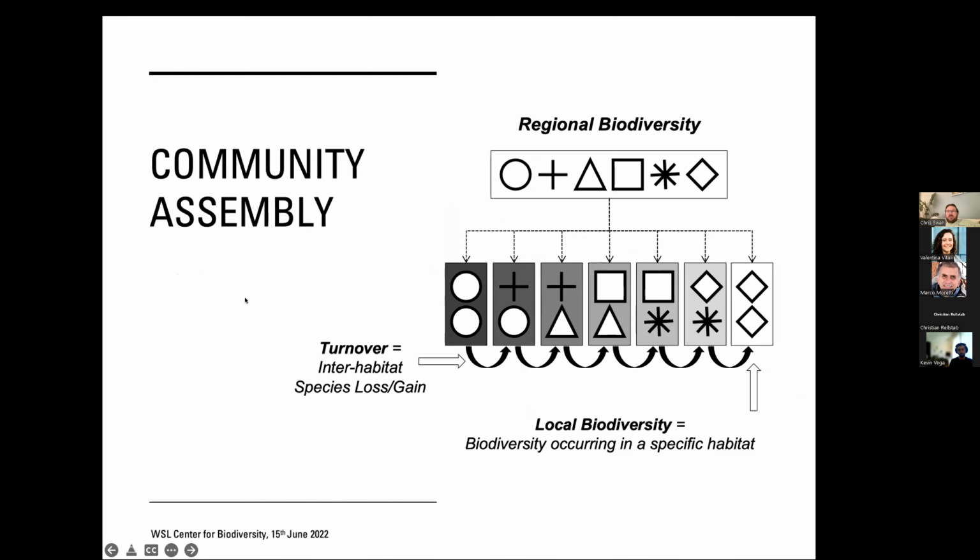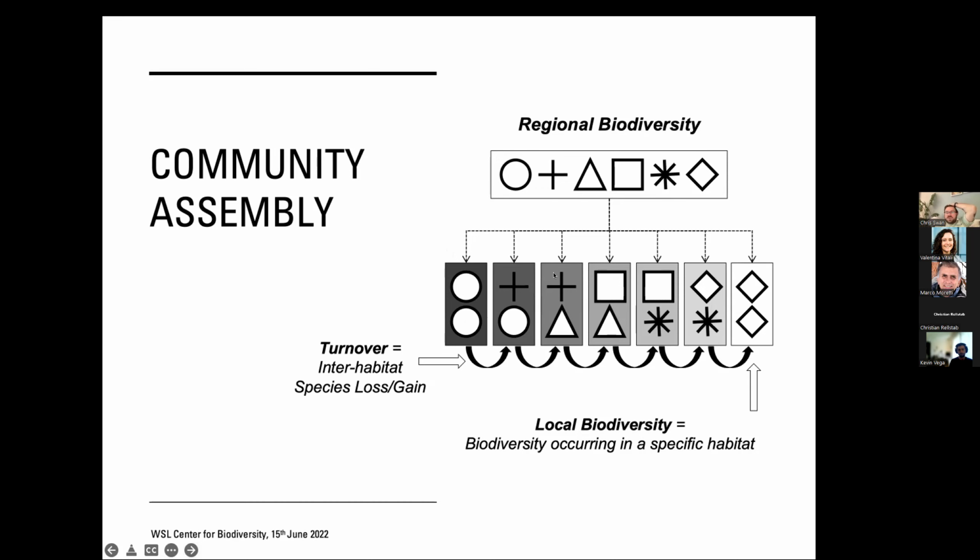I like to think about it like this: if you take a look at regional diversity as, say, each of these shapes here being a different species, they unfold along an ecological gradient going from dark to light, where each square or rectangle is a different local community.